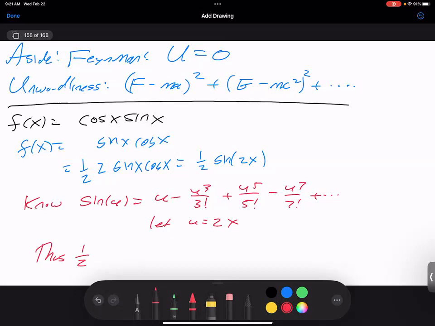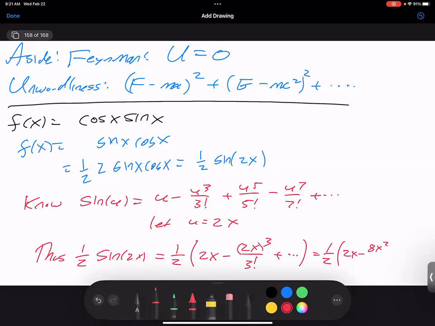Thus, 1/2 sine of 2x would be 1/2, and then I just take the expansion for sine of u, and I just replace every u with a 2x. So I would then get 2x minus 2x cubed over 3 factorial plus dot, dot, dot, which is 1/2 2x minus 8x cubed over 3 factorial plus dot, dot, dot.